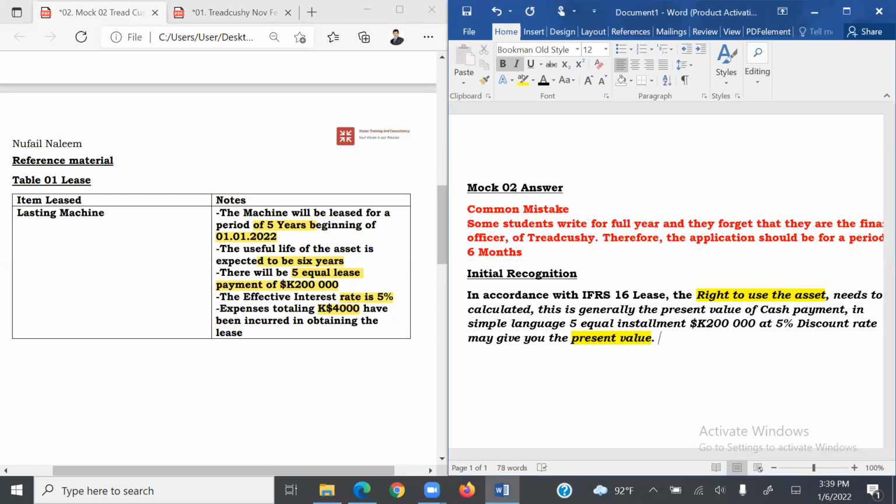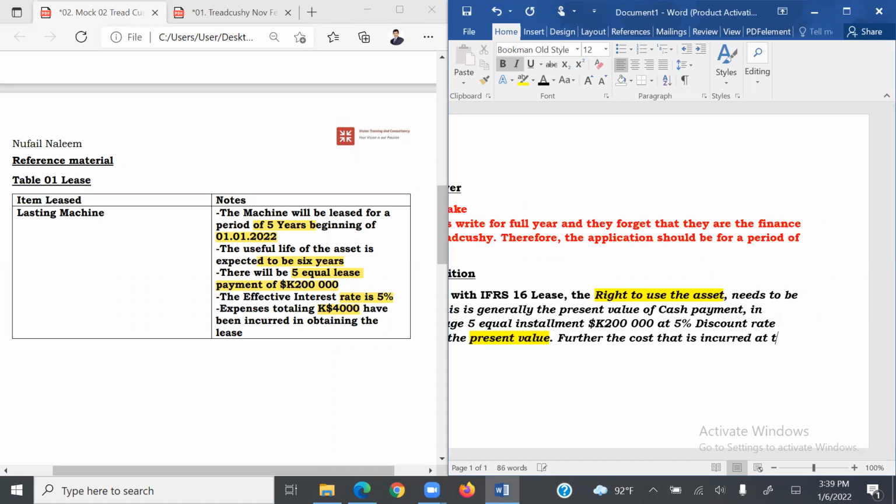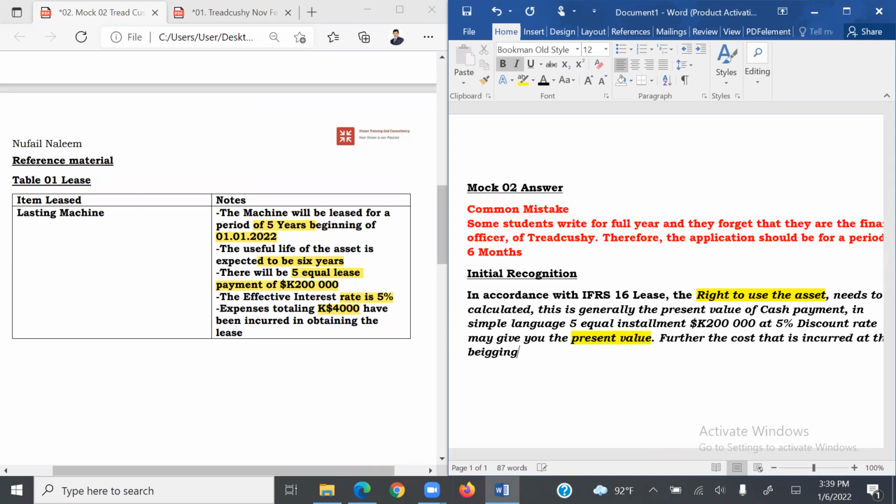The cost that is incurred at the beginning, before the lease, needs to be accounted for as a capital expenditure, since it is before the usage.